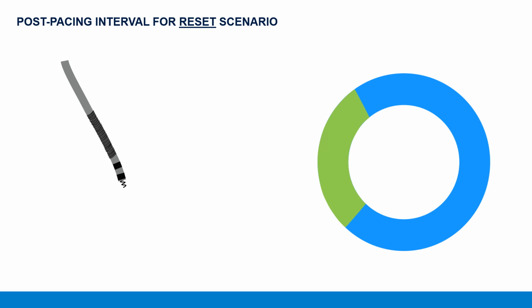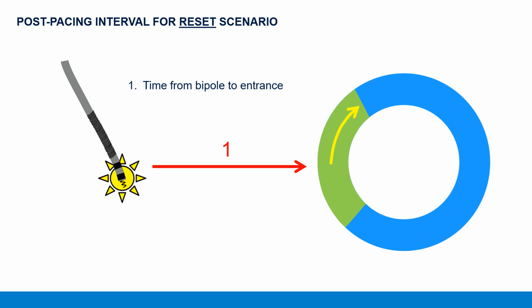In the scenario where the S2 beat resets the tachycardia because it gets into the excitable gap but not far enough forward, here's what happens. That last paced beat gets to the circuit. It excites tissue in the excitable gap, having entered at the entrance site.